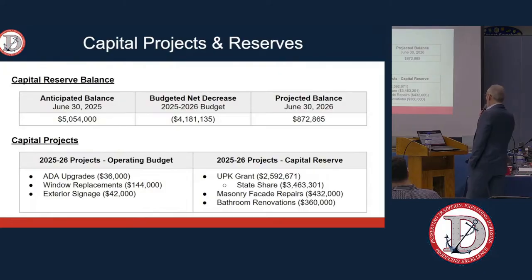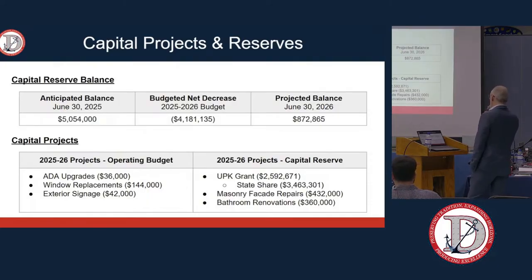But we also have a significant decrease pending because of the UPK, Universal Pre-K Facilities Project. That is about $2.6 million from the district's share that will be dedicated to that. So we're projecting a balance of about $870,000 at the end of next year. And obviously these are all anticipated and projected numbers. They're not audited numbers.